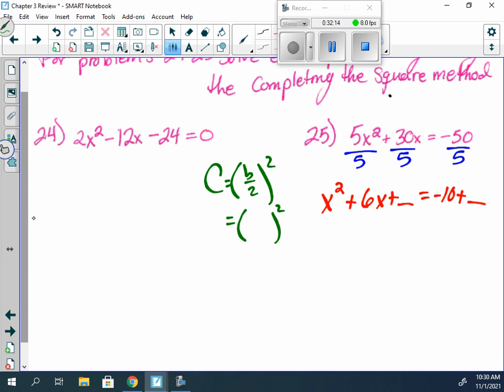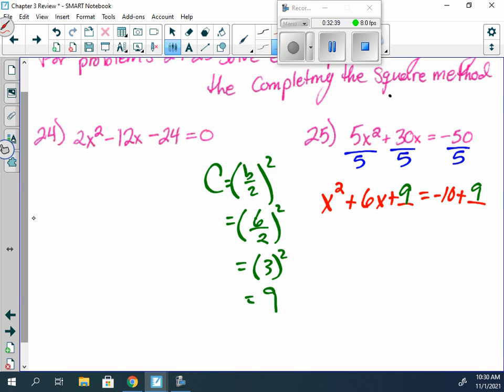Now we find the value of C. Well, C is equal to B over 2 squared. Well, the value of B is 6. Well, 6 divided by 2 would be 3. And 3 squared is 9. So the value of C that we want is 9. But yes, we are going to have the 3.